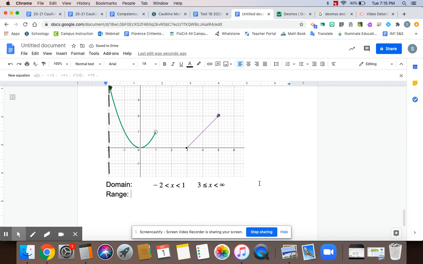Remind me, what is range? All of the what values? Range are my y values. So you're going to have the 2 ends. So what's the lower end on y? Because y's go up and down. And so how far down do these graphs go?